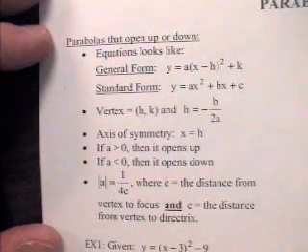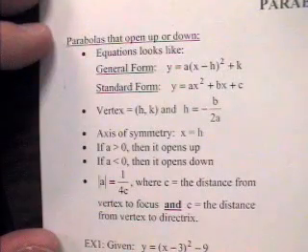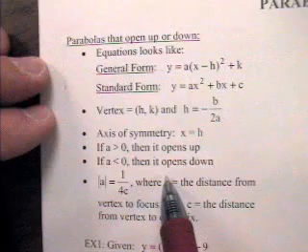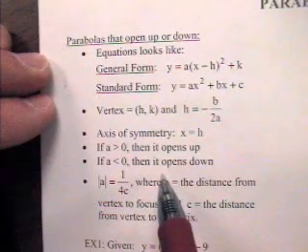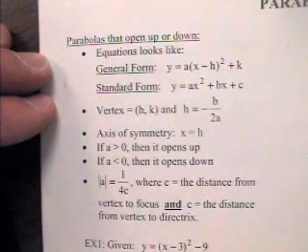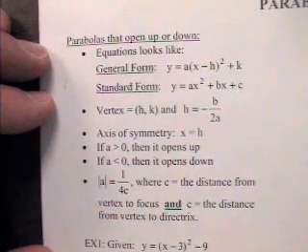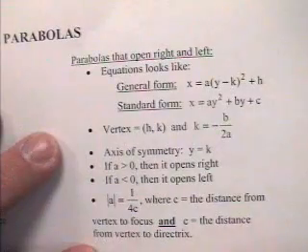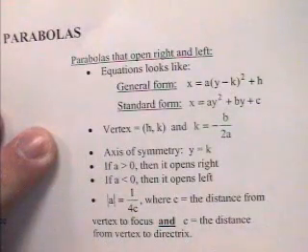If you need to look it over or copy something down, obviously a controls whether it opens up or down, positive being up, negative being down. But if we switch x and y, then we're talking about a parabola which opens left and right.